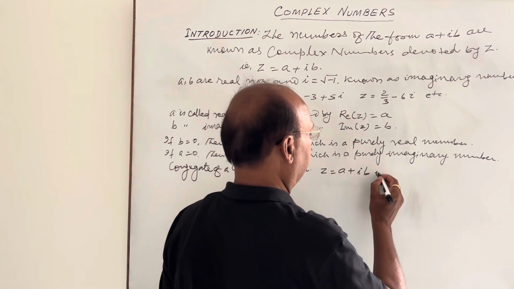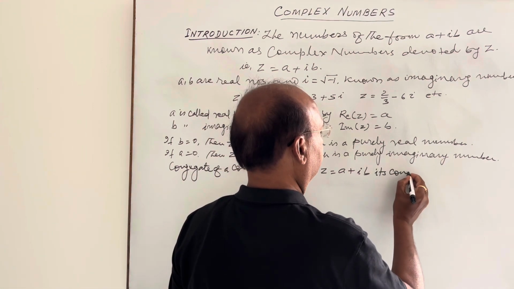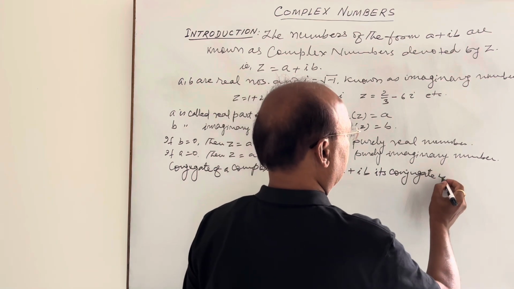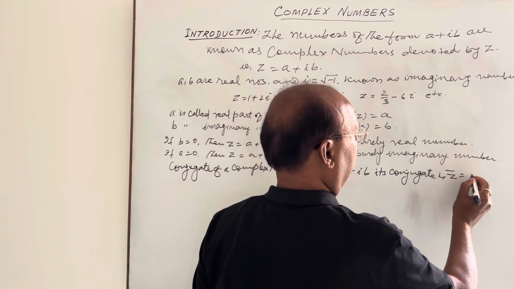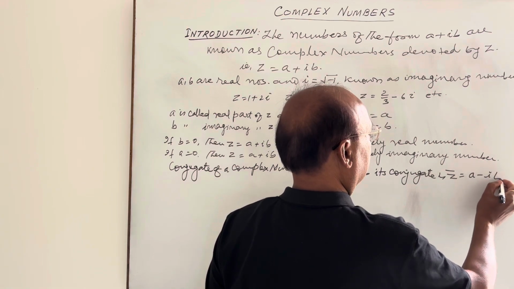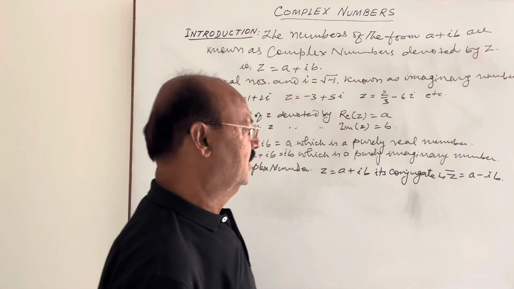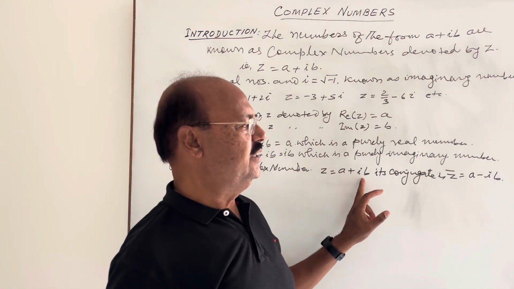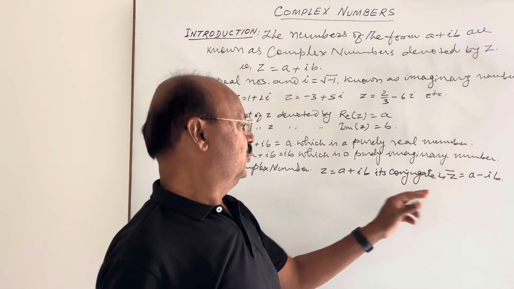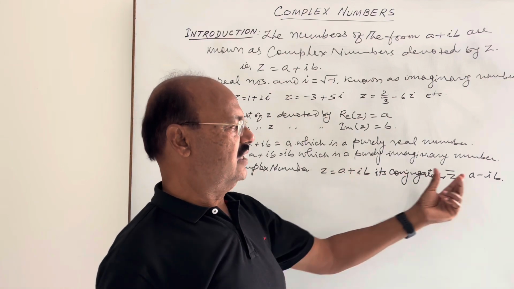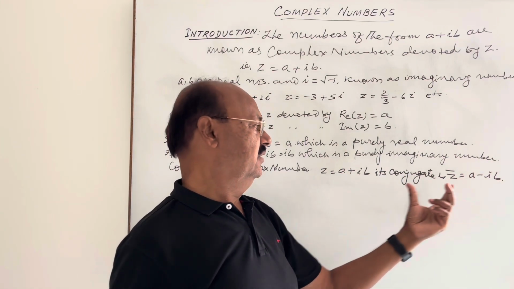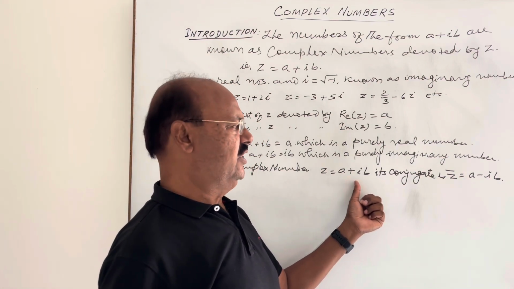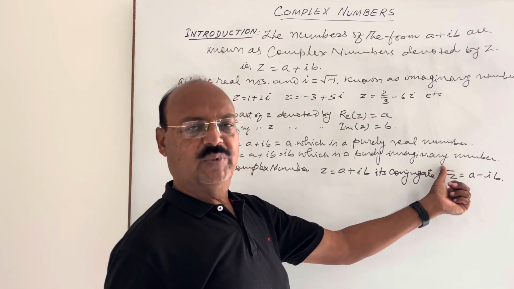Then its conjugate is denoted by Z bar, and this is equal to a minus ib. Here we are changing the sign of the imaginary part of this complex number. So in place of a plus ib, we are writing here a minus ib. This is called conjugate of this complex number, and this is denoted by Z bar.